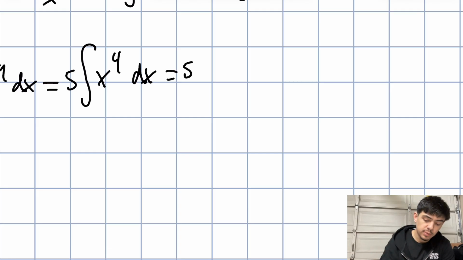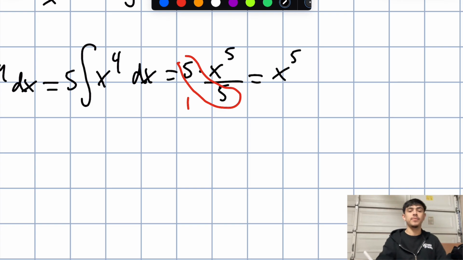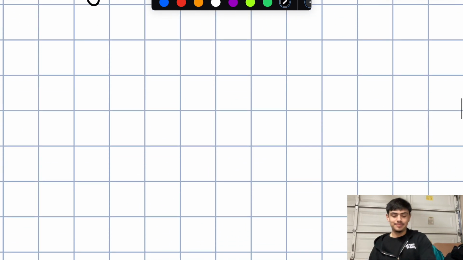So we're going to bring the 5 along, multiply it. We have x, 4 plus 1 is 5, divided by that new power, 5. Remember, these 5s right here turn into a 1, right? So now we just have x to the 5th power. Simple enough. That's our first one.